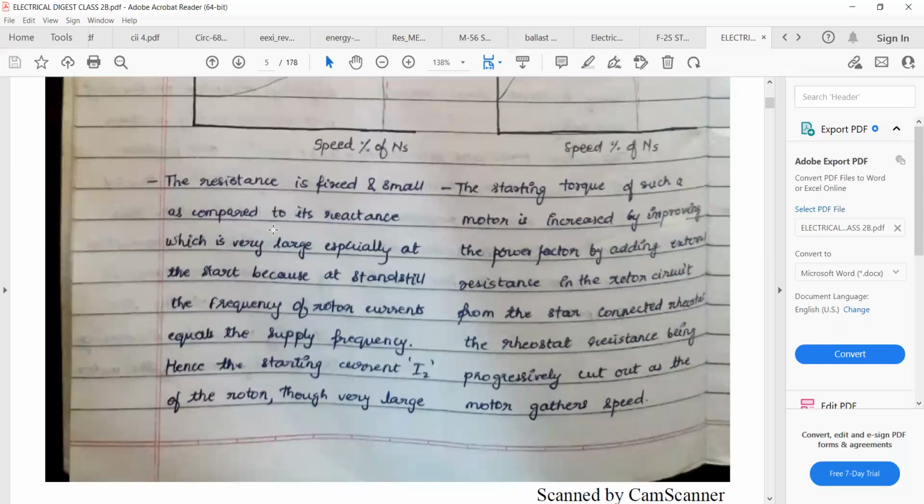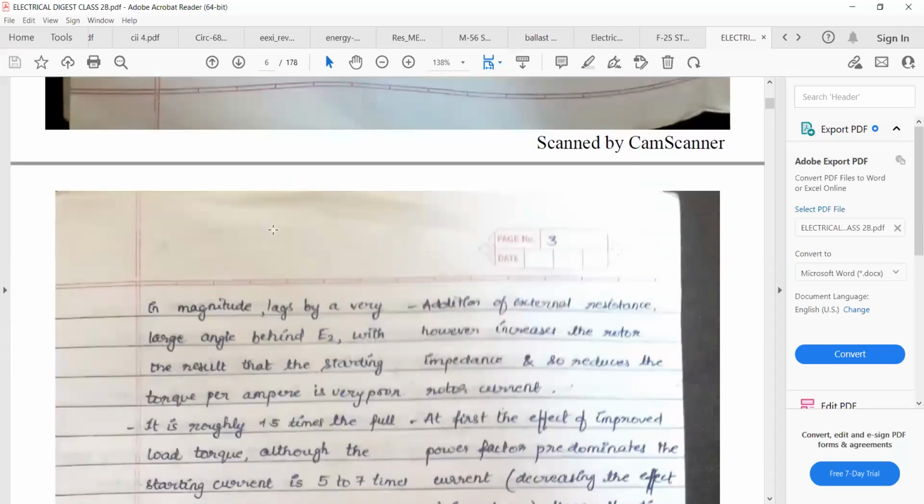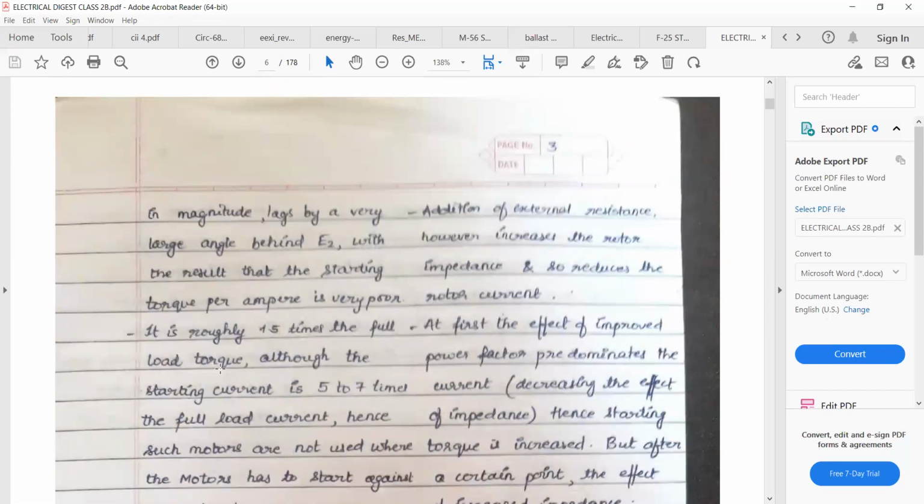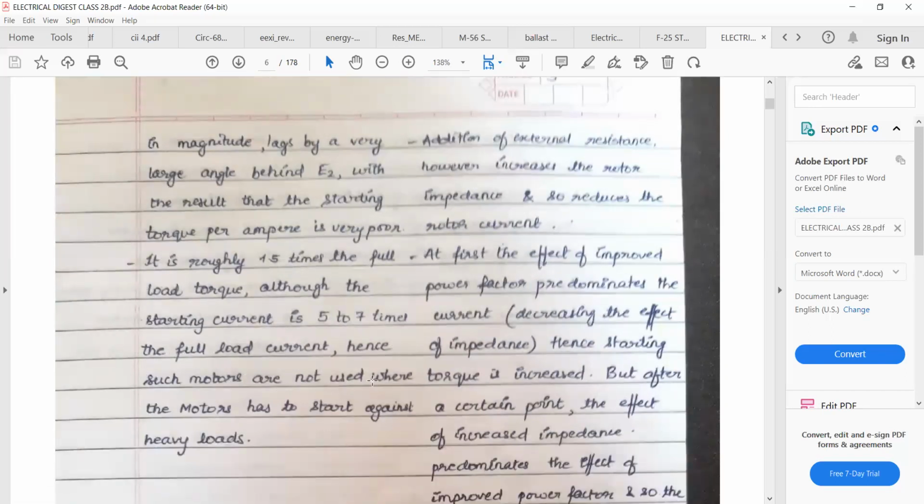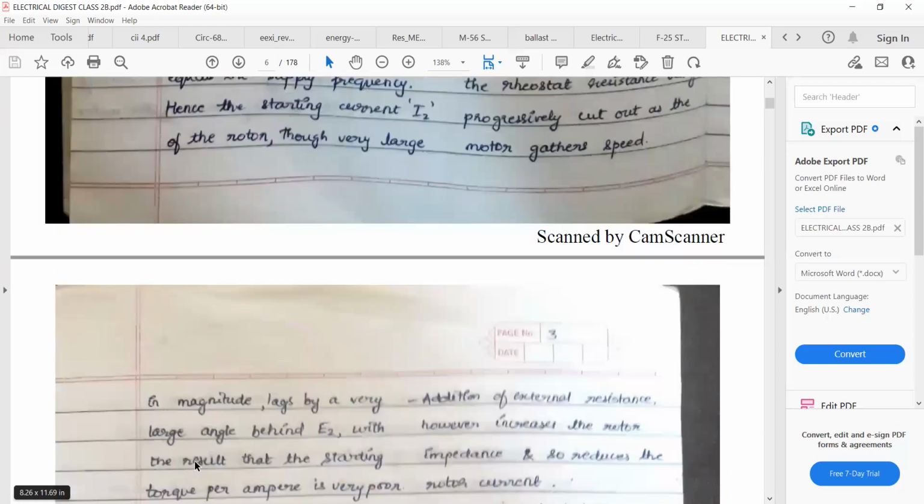The frequency of the rotor current is equal to the supply frequency, hence the starting current of the rotor is very large, and it lags by a very large angle behind the E2, with the result that the starting torque per ampere is very poor. It is roughly 1.5 times the full load torque, although the starting current is 5 to 7 times the full load current. Hence, the motor is not used where it has to start against a heavy load. So you are not going to use this motor.